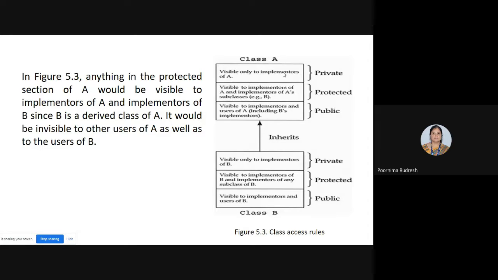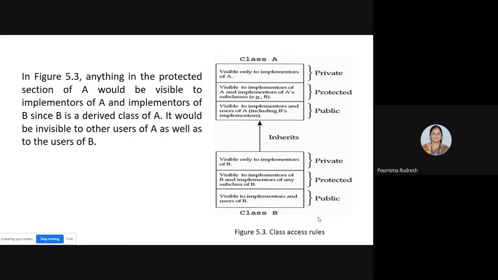Now I understood. But if it is declared as protected area, then this protected area is visible to class A implementers as well as for class B implementers. Understood? This protected area is visible to class A implementers as well as for class B implementers. Why? Because class B is the subclass of class A. Understood now?